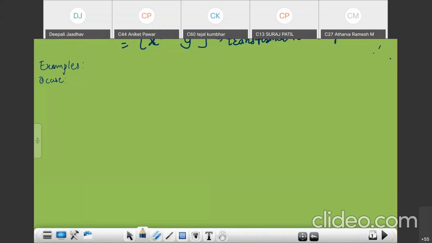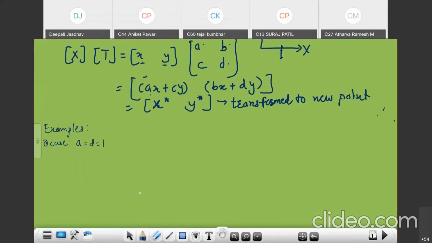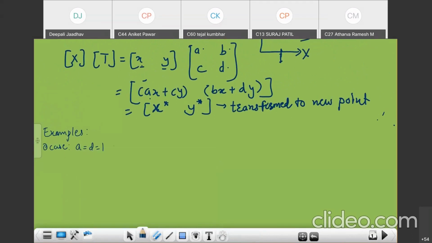What is the first case we are going to see here? A is equal to D is equal to 1, and C is equal to B is equal to 0. A and D both are 1. These are diagonal points. Both diagonal points A and D we consider as 1, and C is equal to B is equal to 0.